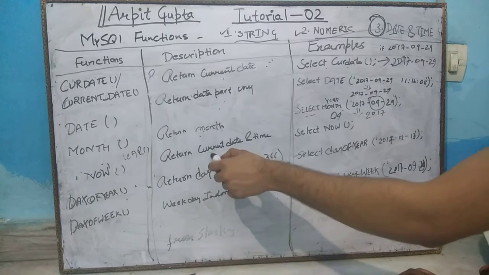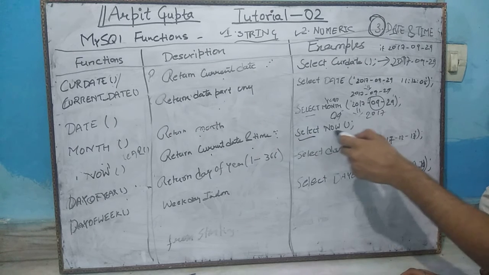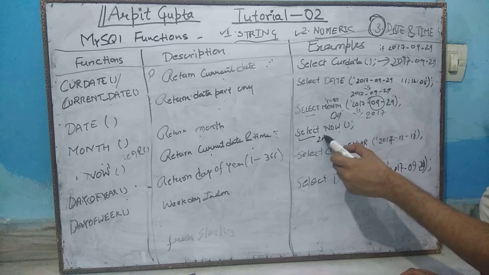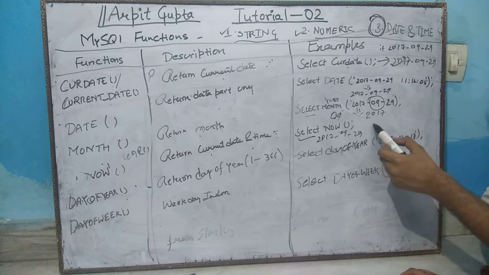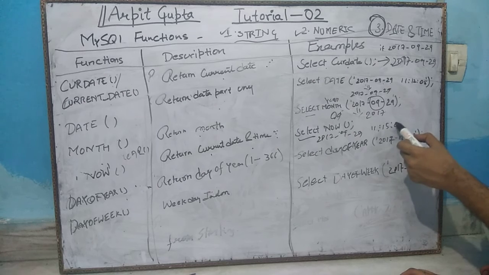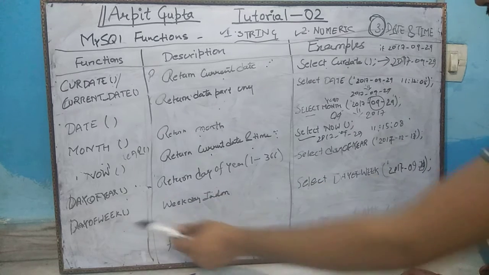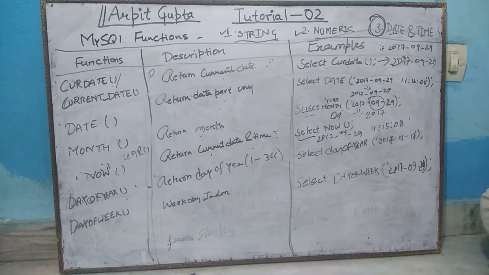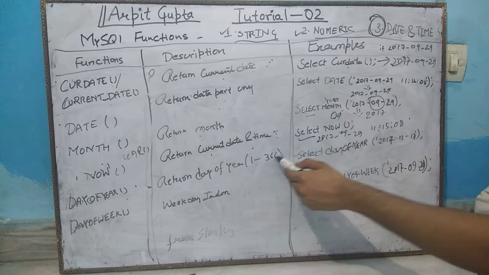Now returns the current date and time saved in your system. For example, select now, it returns 2017 09 29 and the time 11:15:08. Then day of year returns the day of the year, ranging from 1 to 366.